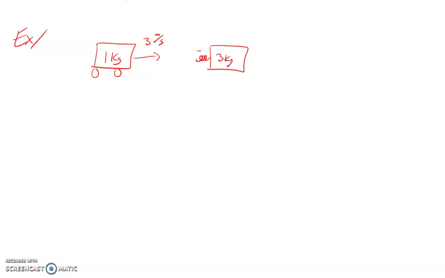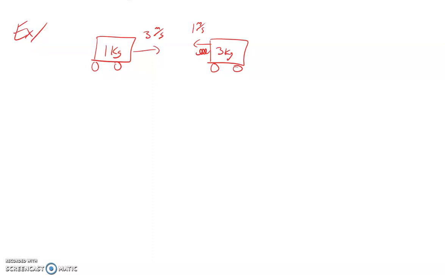So put a little spring that was initially going at 1 meter per second to the left. So for our initial momentum, initially we've got a mass of 1 with a velocity of 3. For the right cart, we've got a mass of 3 with a velocity of negative 1.